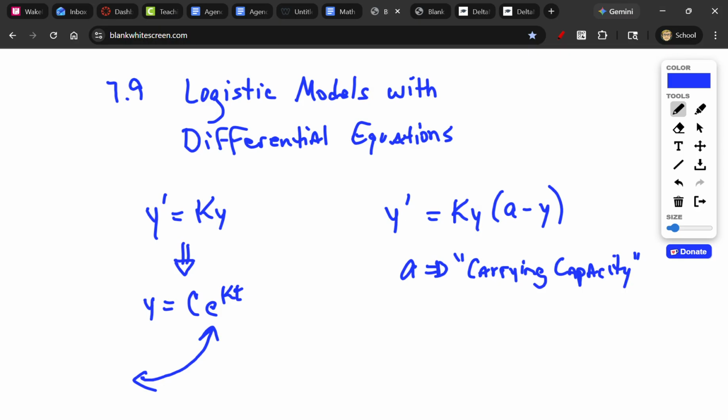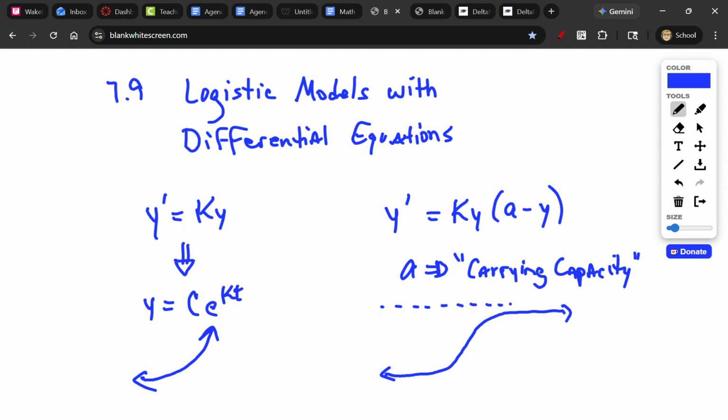You can solve this using partial fractions. It's just separable, but a little complicated because you have to use partial fractions to do that. And we don't need the solution, but we do need to know what the graph of the solution looks like. And the graph of the solution, under certain conditions, looks like this, right?